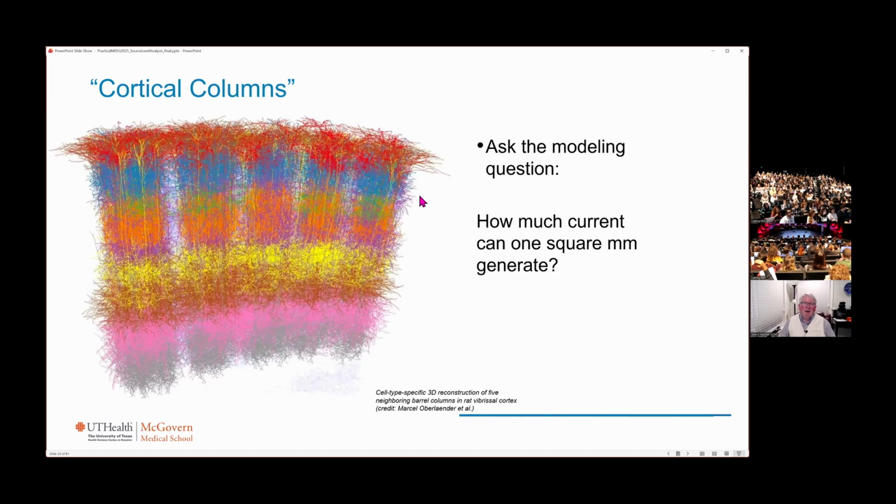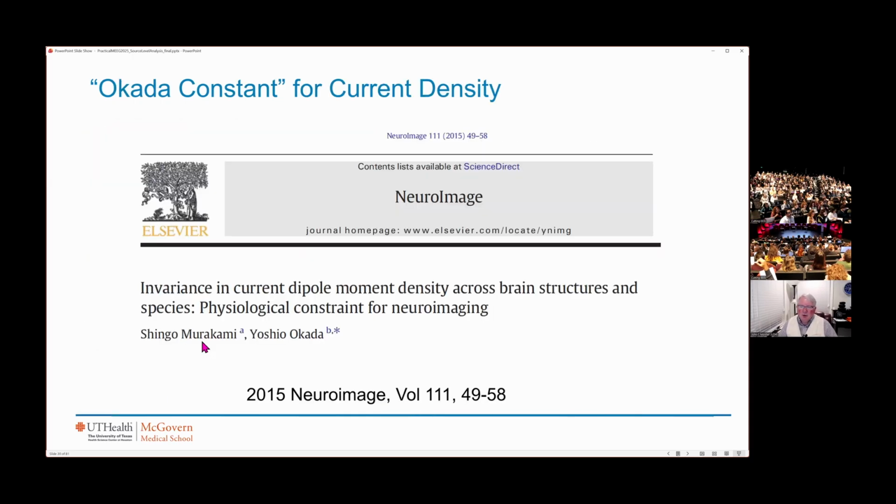So it brings around the question, though, all right, we're back to our cortical columns. How much can 1 square millimeter of cortex generate? And indeed, Yoshio Okada has spent his career carefully measuring this in a variety of species. There are other publications that support it as well, going back to the '70s.